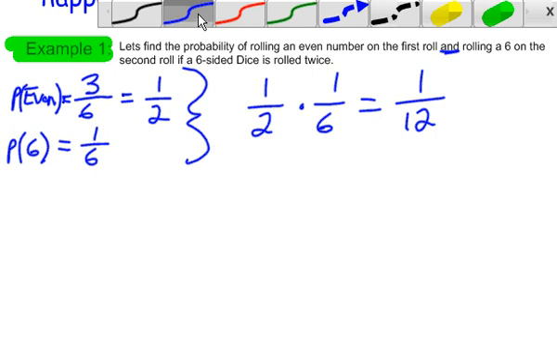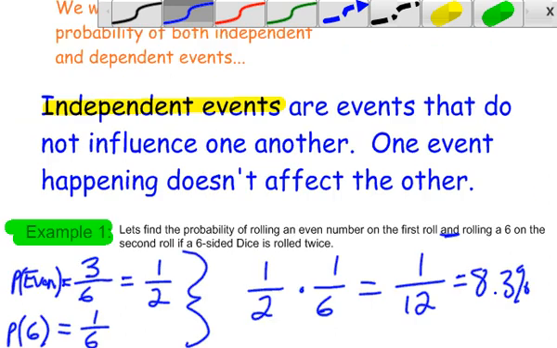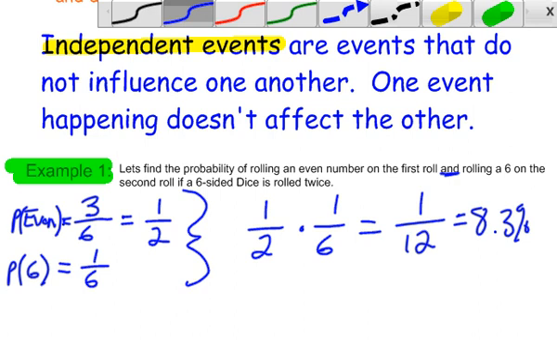Which is about 0.083 or 8.3%. Okay. So in compound probability of an independent event, if you're doing more than one event, you multiply the two probabilities. Okay?